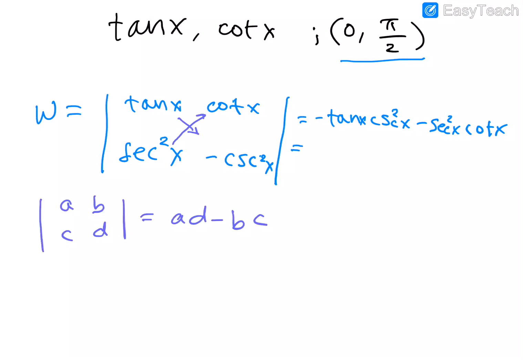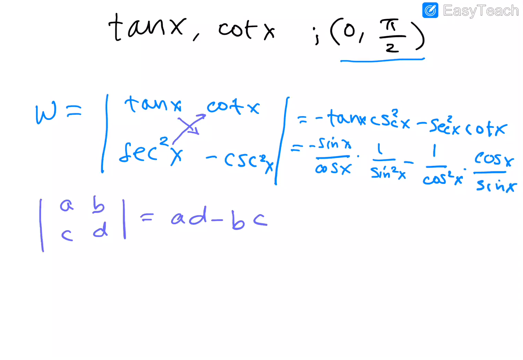And if we simplify that, that's going to be negative sine x over cosine x, because that's what tangent x is. Cosecant squared x is 1 over sine squared x. We're going to subtract that by 1 over cosine squared x times cosine x over sine x. So we basically simplified those trig functions.